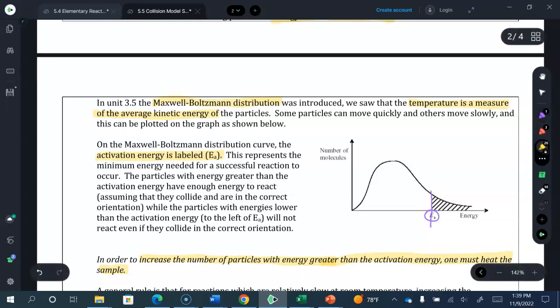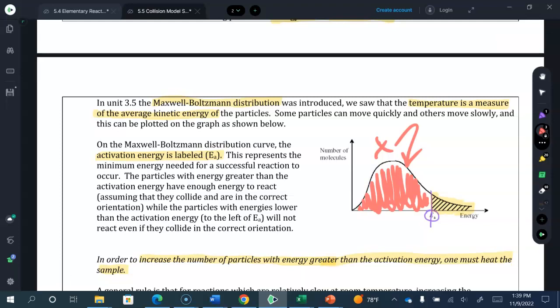And so what that tells us is that everything at and above that activation energy has enough energy to actually react. However, anything that is below that, so all of these, do not have enough energy to react. So there is no reaction that's going to happen with anything that does not meet that activation energy threshold.